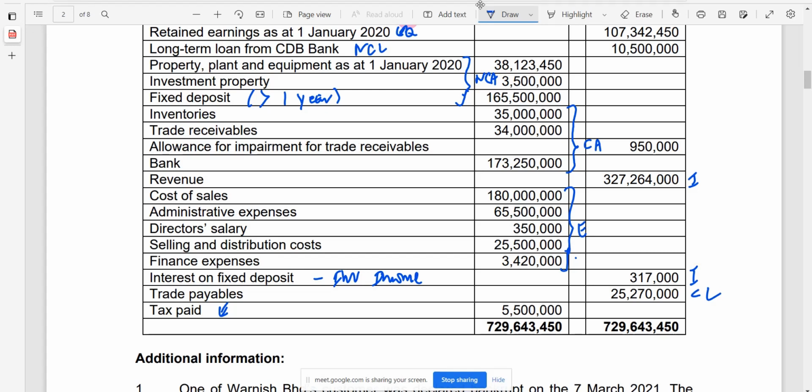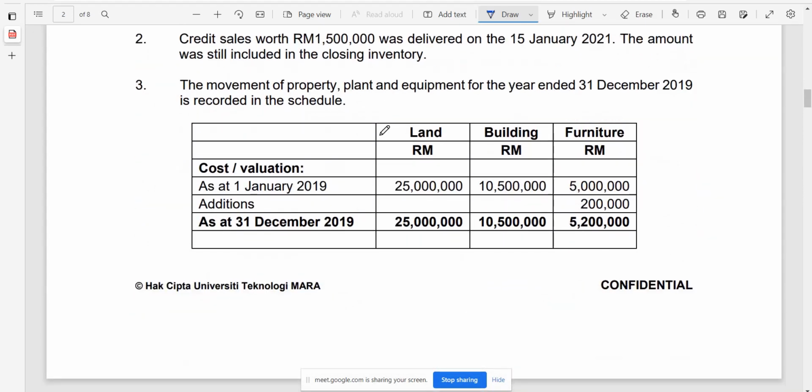You can see that the property, plant, and equipment information given to you is at the carrying amount. This was the carrying amount as at 1st of January 2020. That was from the last year's movement. So the movement of what happened before 1st of January 2020 was given here in information number 3, where these are the transactions that happened last year.